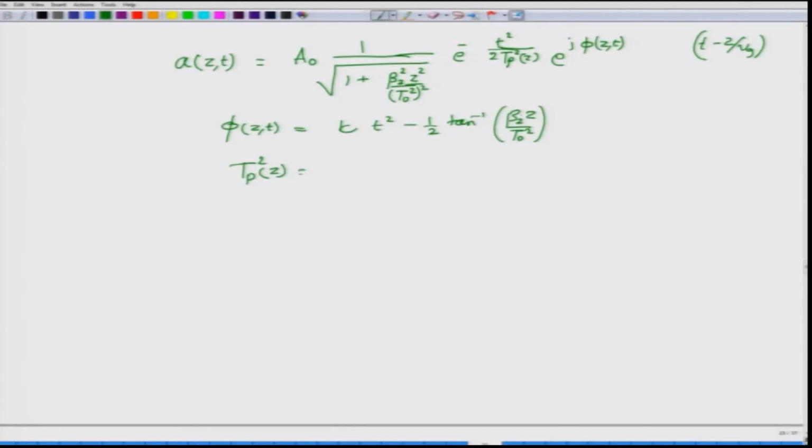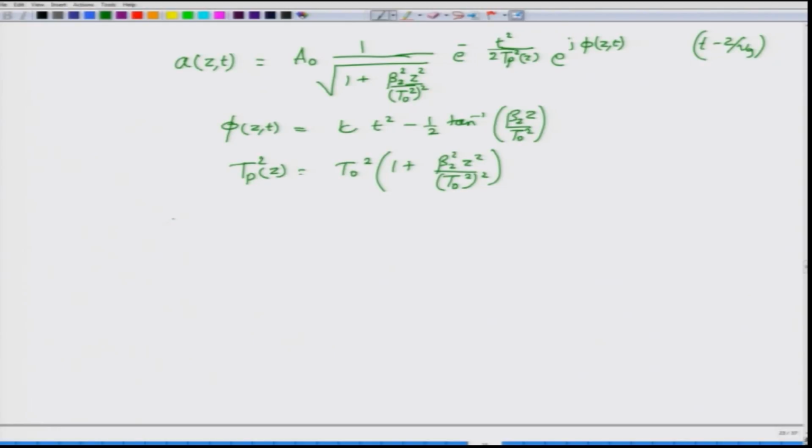This phi of z, t, where kappa is a constant, depends on the time variable through a t square term, so it is a quadratic dependence on time, minus half tan inverse of beta 2 z by t 0 square. This last term is just a constant phase, constant only with respect to z. As long as you are looking at a particular point in z, this term will be a constant, and this T p square of z is given by t 0 square times 1 plus beta 2 square z square divided by t 0 square, all squared.